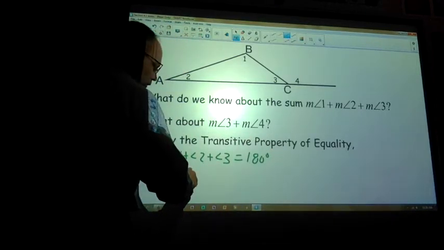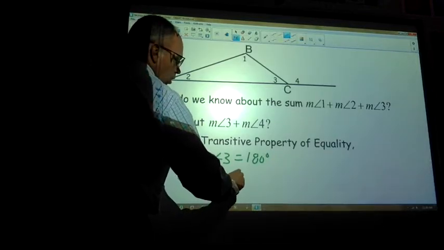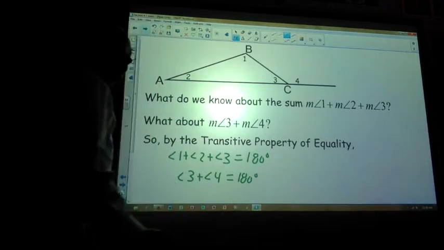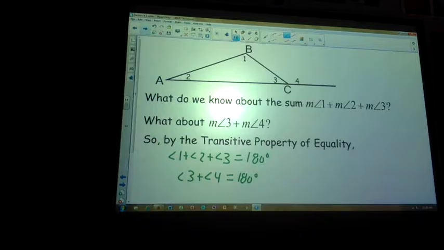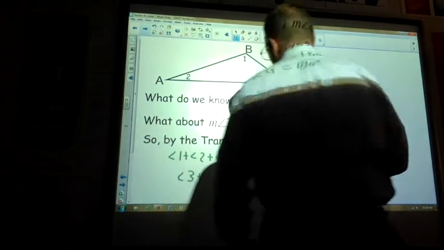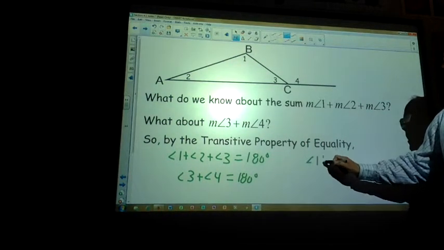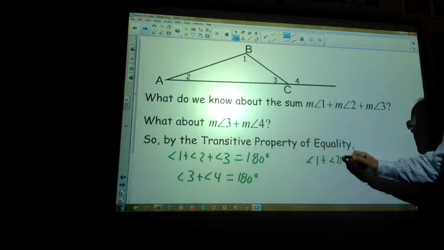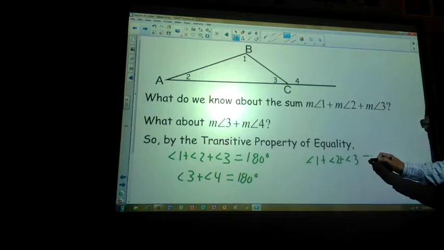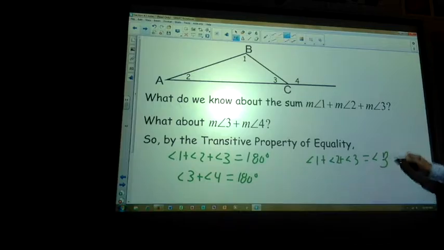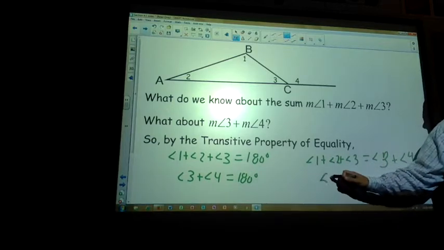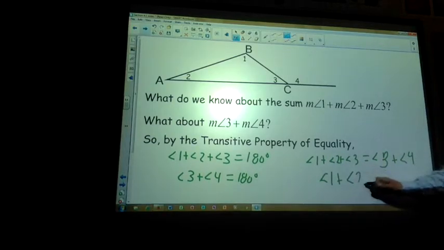And then we know that angle 3 plus angle 4 also has to equal 180 because of linear pair. So then, using the transitive property, we can say that angle 1 plus angle 2 plus angle 3 is equal to angle 3 plus angle 4. And I can subtract angle 3 from both sides, and again, we've just proven why this works.